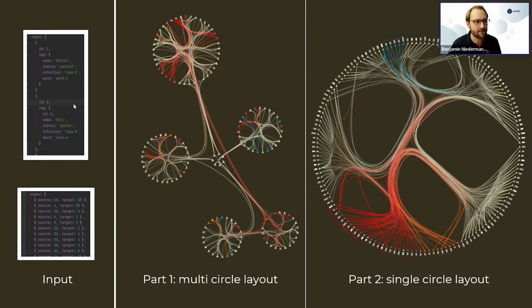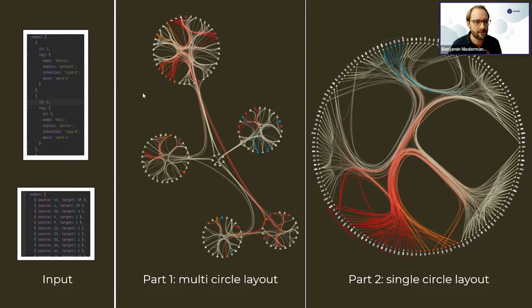So the data is given as follows. Basically, it's just a simple JSON file where each node is represented by some record. Namely, a record consists of a name, then the status, so there are patients, but also medical staff. And then there's also an infection type. So infection type D is, for example, this light or this grayish color here. And then we also have the ward of the hospital.